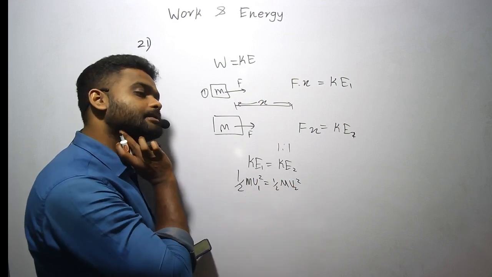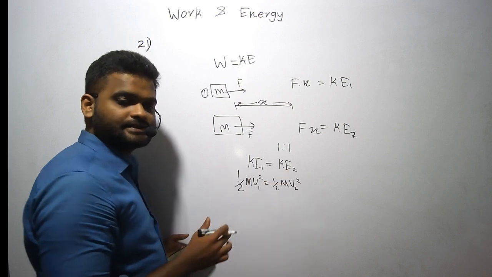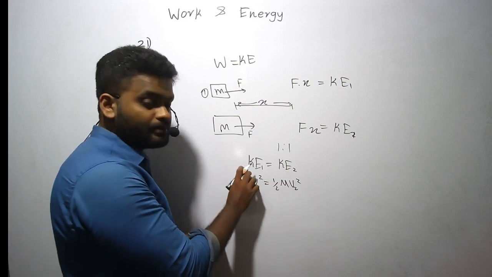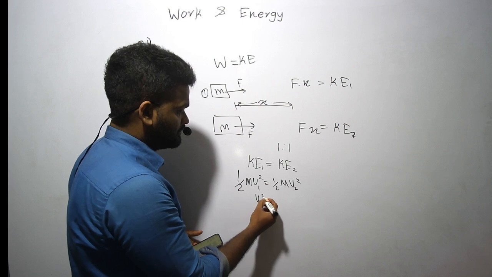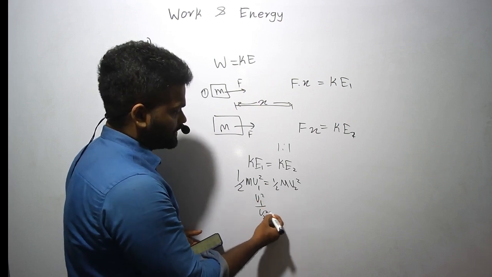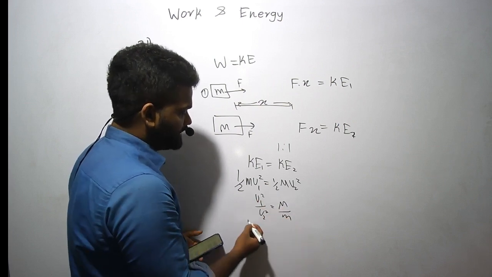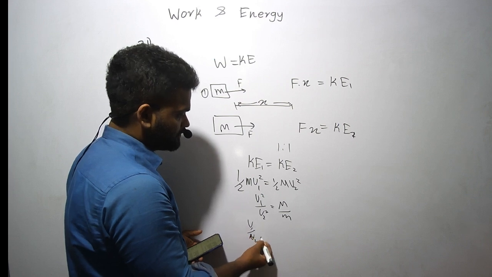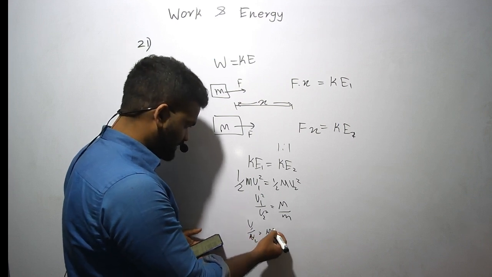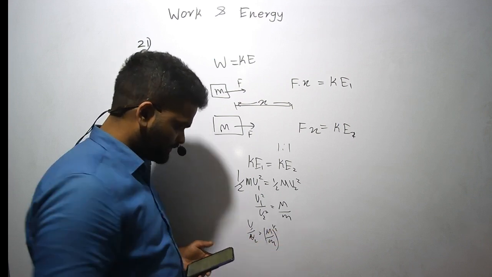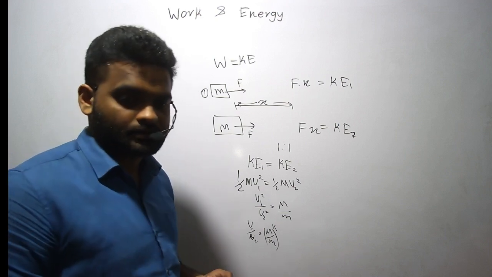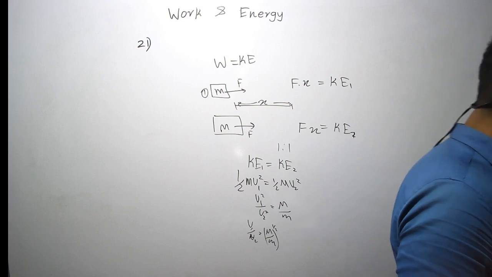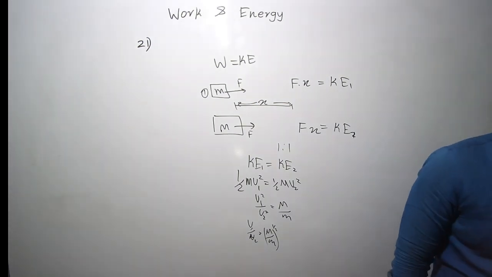Let's say the first one is small m. Is it given small m or capital M first? Yeah, small m is given, so you have to take that order. First case is small m. Kinetic energies are the same, but the velocities are not the same, because they have different masses. v1 squared over v2 squared equals capital M divided by small m. Then take the root: capital M over small m, to the power half. So the answer is the fourth one. Correct, right?